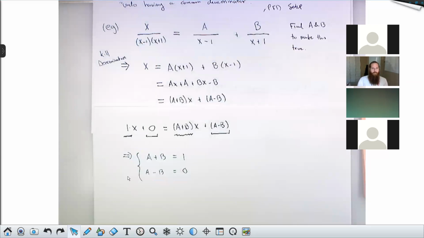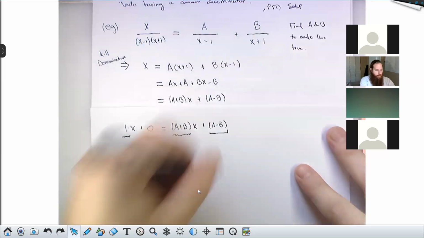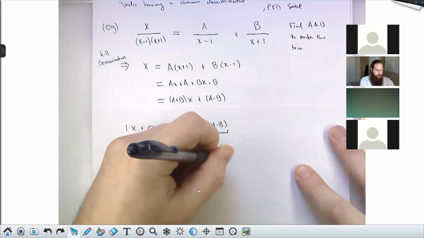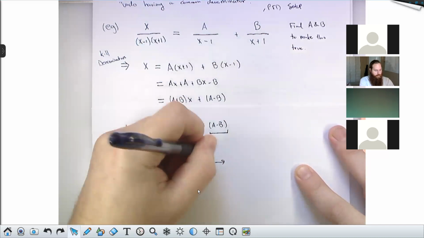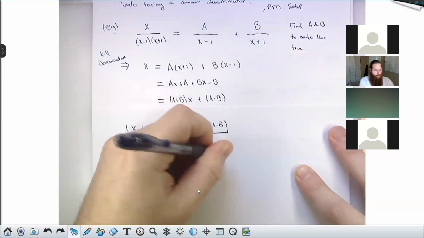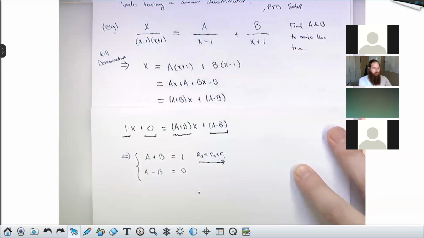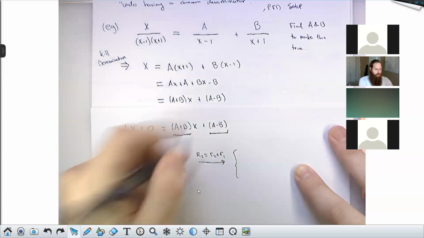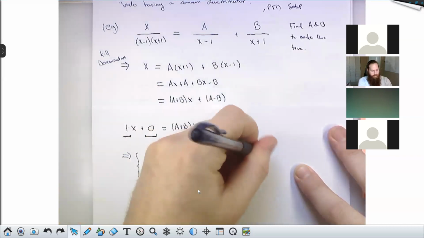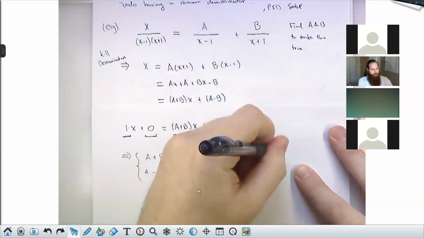Good answer. If you add row 1 to row 2, and here's the notation I like for this, my new row 2 is my old row 2 plus my old row 1. So this arrow says I'm transforming the system according to this rule. I use a capital R for the new row and little r's for the old rows. Row 1 isn't changing. I still have a plus b equals 1.